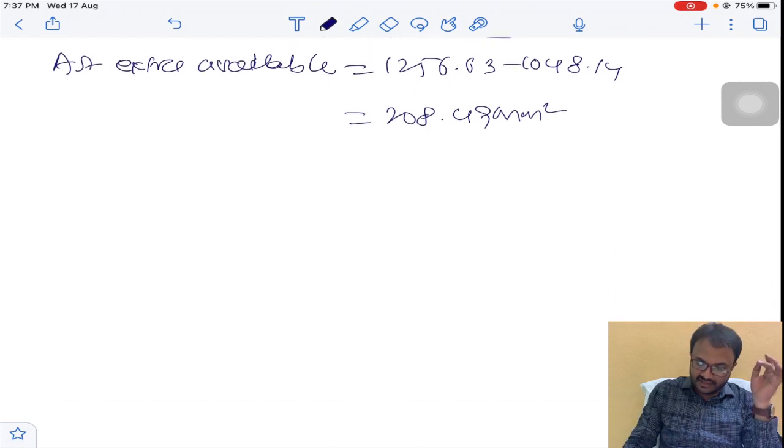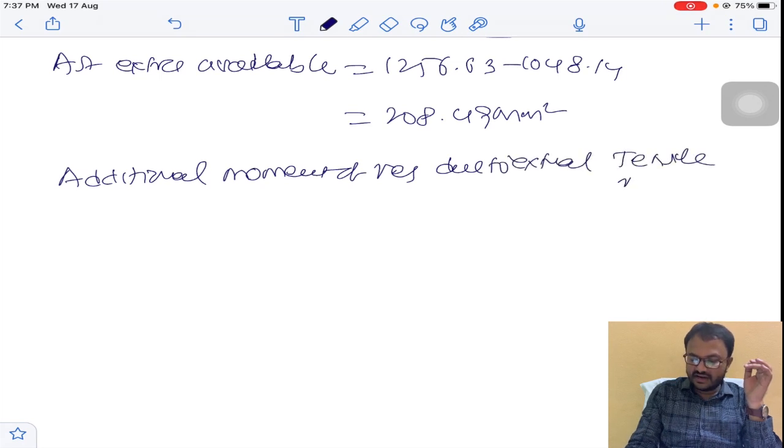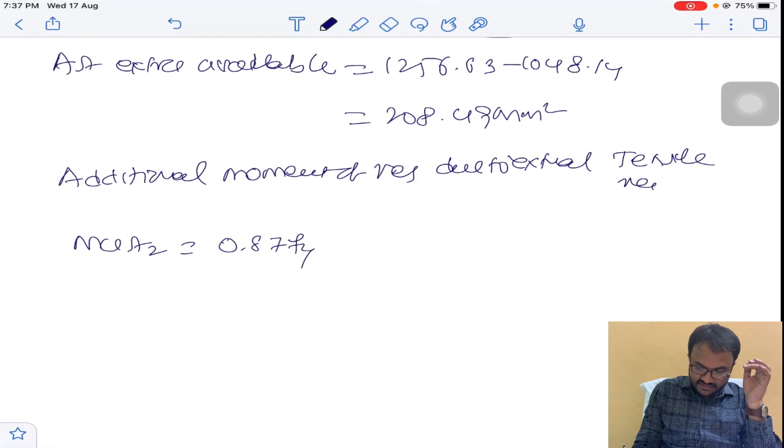So that moment we need to calculate. So that is additional moment of resistance due to extra steel. Extra tensile reinforcement is MUST2 is equal to 0.87 Fy AST2 into D minus D dash.